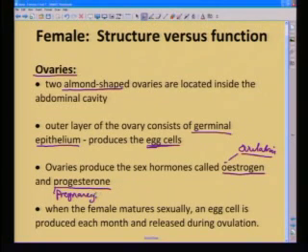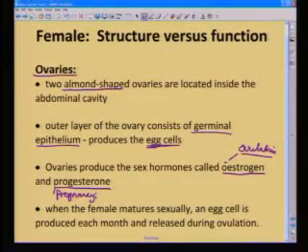And that will be far clearer to you once we get to gametogenesis and oogenesis and spermatogenesis. Just remember the P for pregnancy and the P for progesterone. And oestrogen and ovulation.